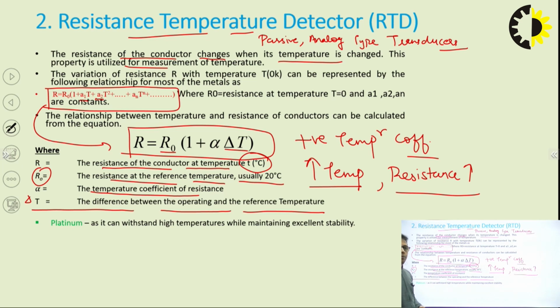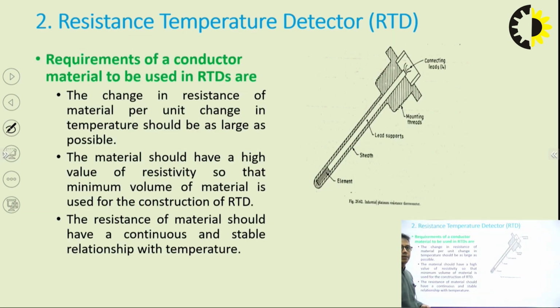And the most commonly used metal for RTD is platinum, because it is a highly stable metal which can withstand a varying temperature range. So, what should be the basic requirement of a conductor to act as an RTD?